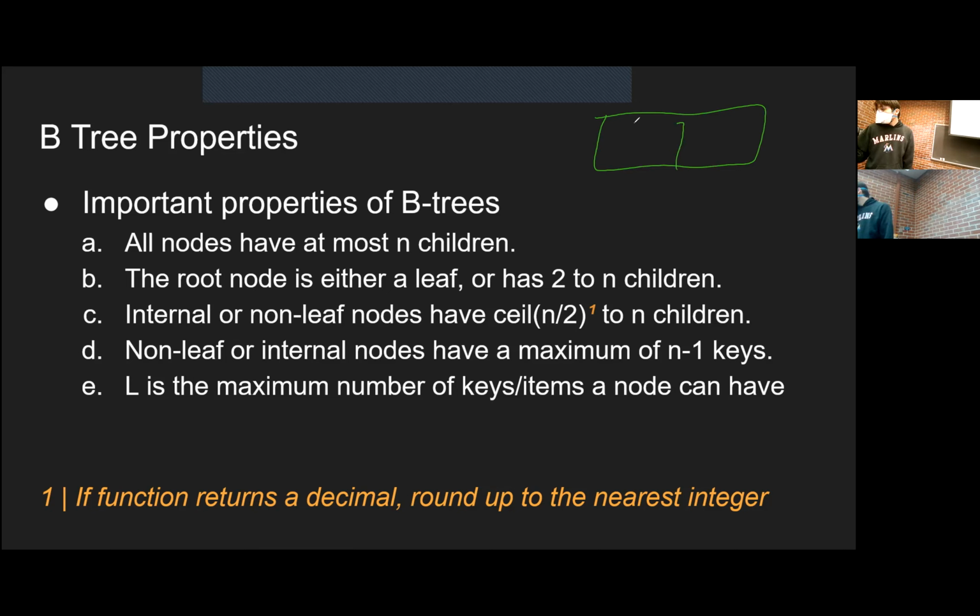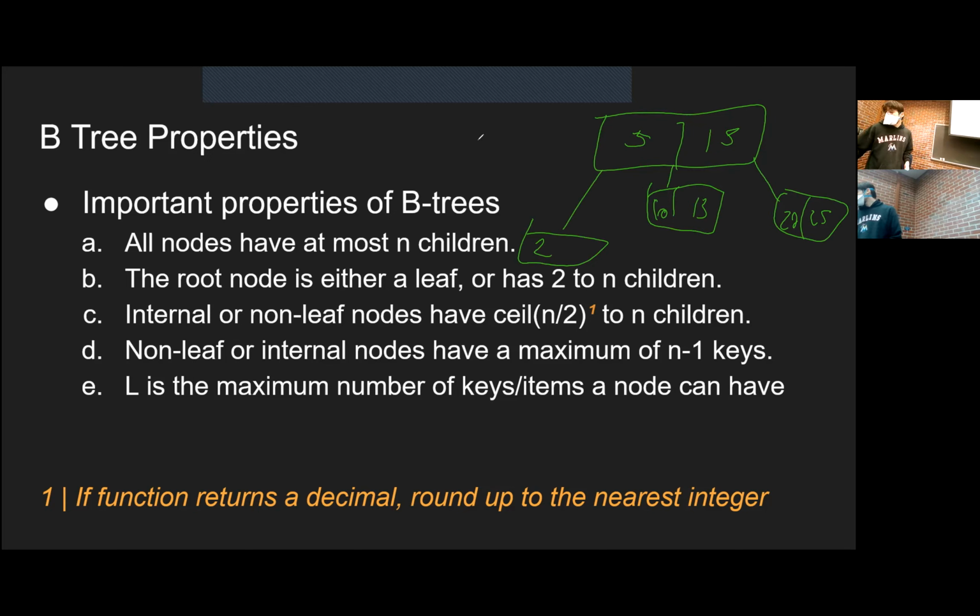So let's say we have 5, 15 at the root. In the middle, we have 10, 13. On the left, we have 2, and on the right, we have 20, 25.